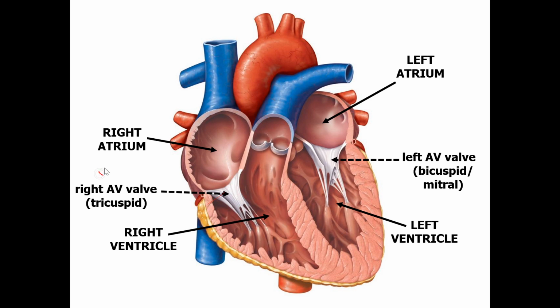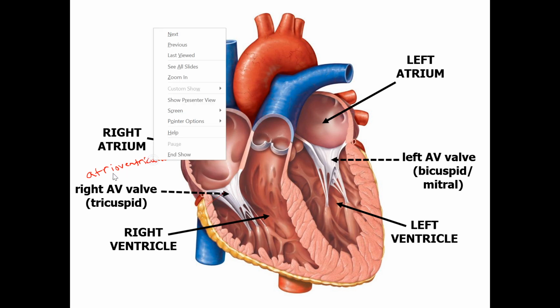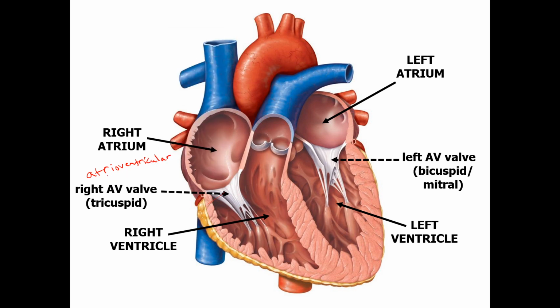AV is short for atrioventricular, meaning between those chambers, the atria and ventricles. On the right side is the right AV valve, and on the left side is the left AV valve.